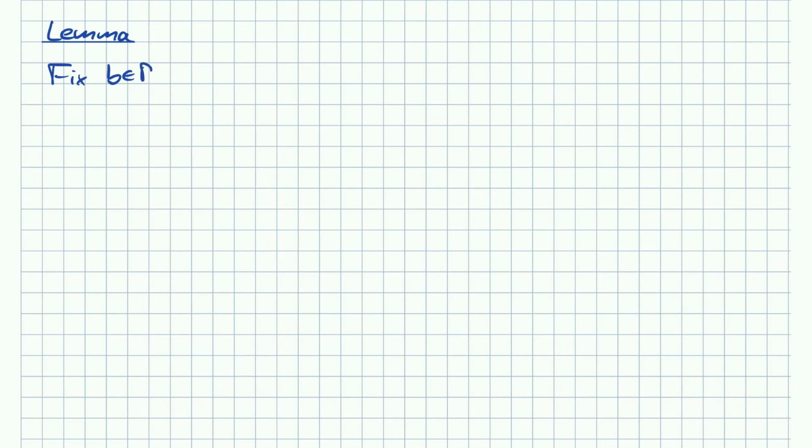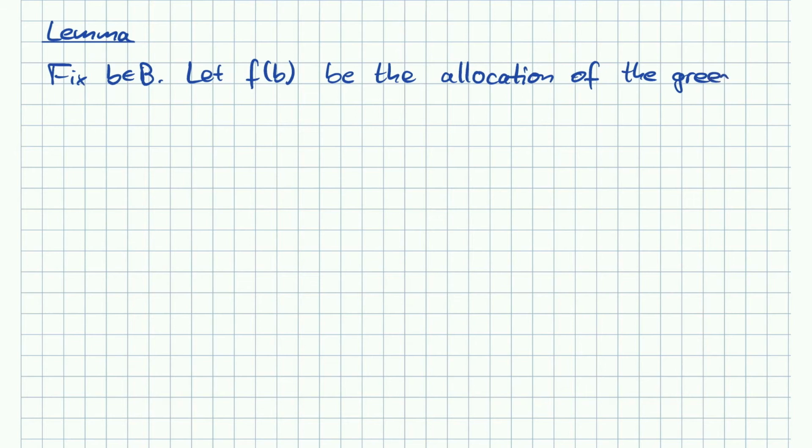We'll fix some bids, and we now let f of b be the allocation of the greedy mechanism and we let x star be another feasible allocation.